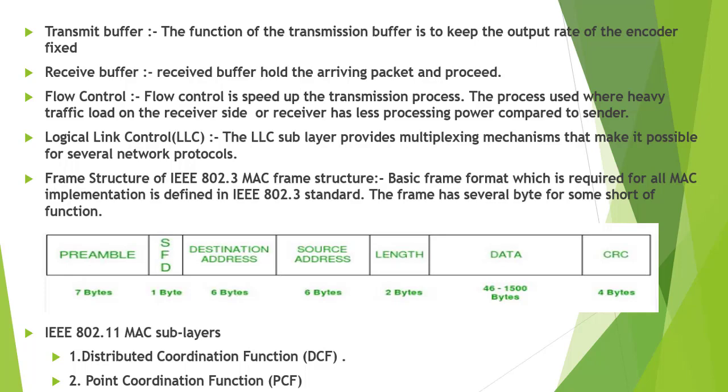Next 6 bytes for the destination address, another 6 bytes for the source address, another 2 bytes for the length, and 46 to 1500 bytes for the data, and finally CRC, cyclic redundancy check, for 4 bytes.